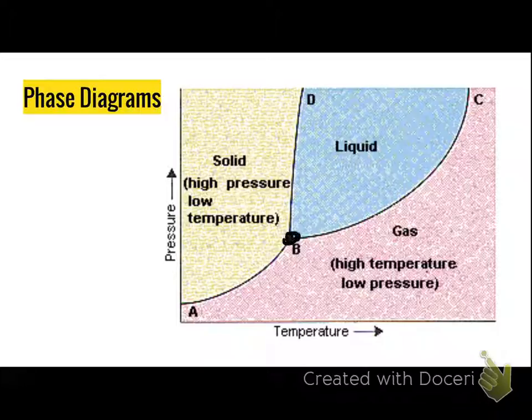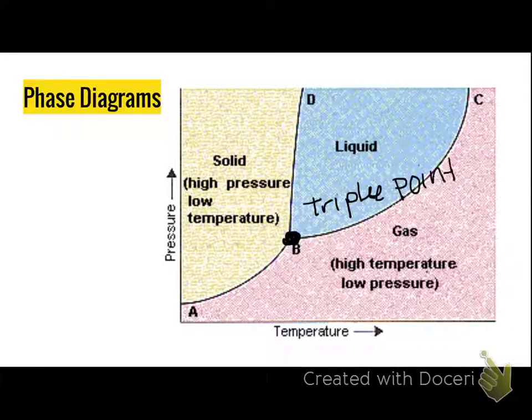Right here, where all three of them meet together, is called a triple point. And the triple point is when all three states are in equilibrium. So it's very similar to what the line represents as we're transitioning from one to another.